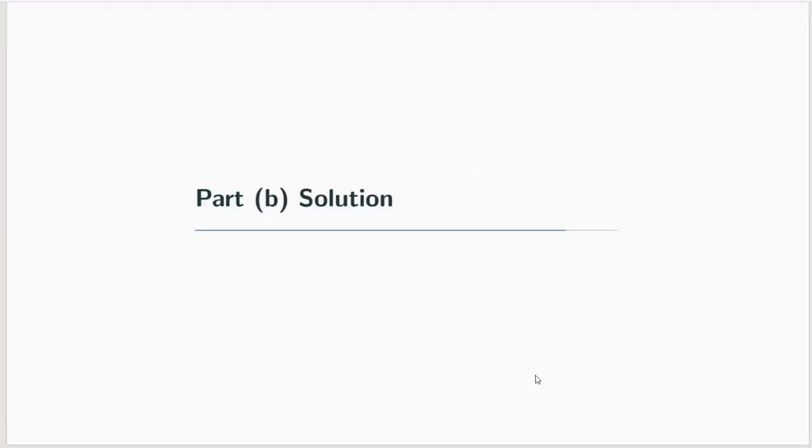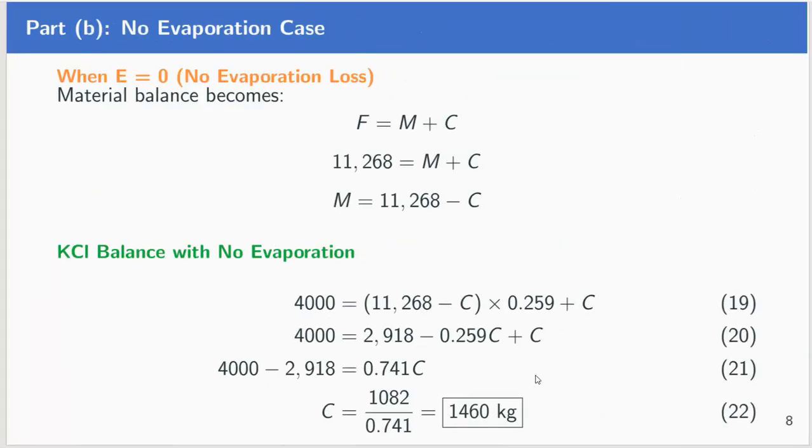Now part B solution. In part B, where we neglect the evaporation loss, E equals 0.